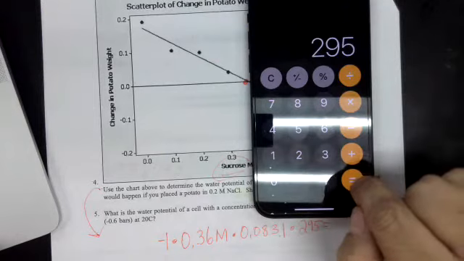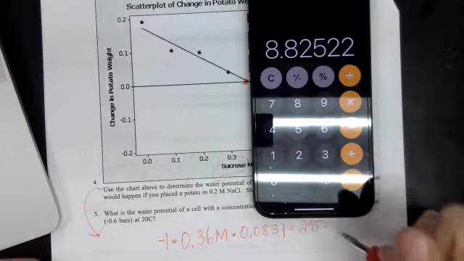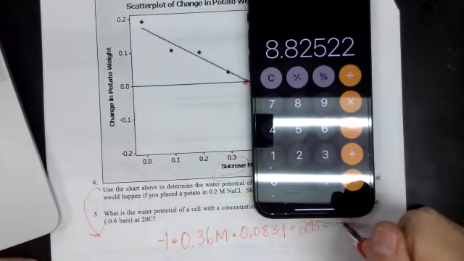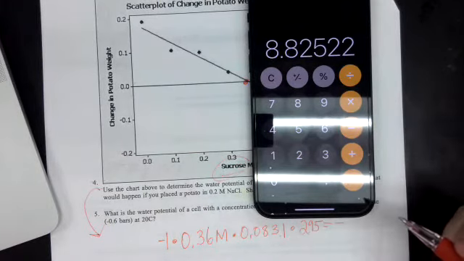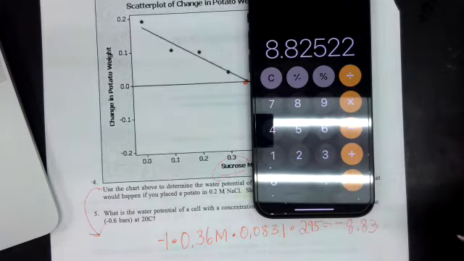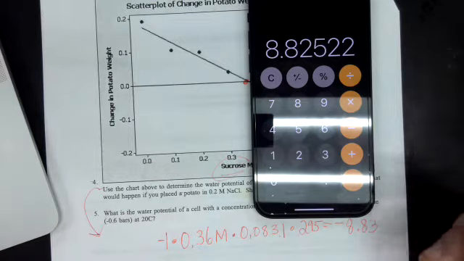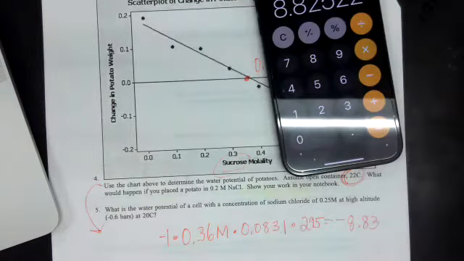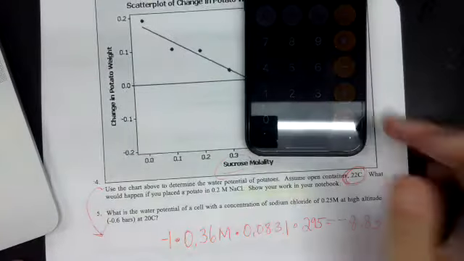Did I do 0.295? Negative. I'm still missing my negative here. -8.83. That's the water potential of the potato. Now we're going to put it in the beaker and we want to know what happens.